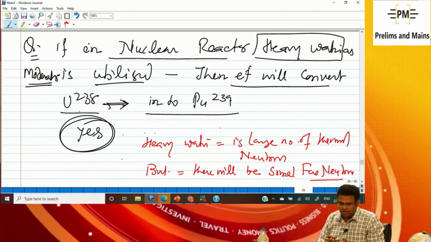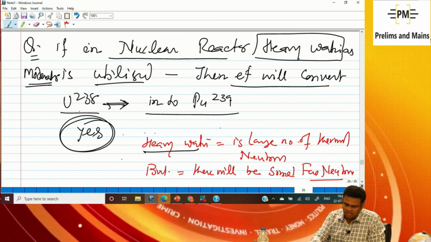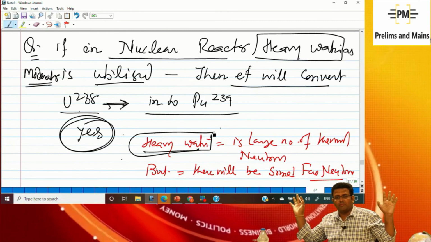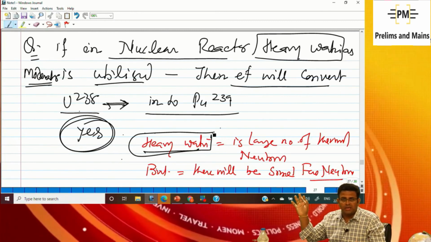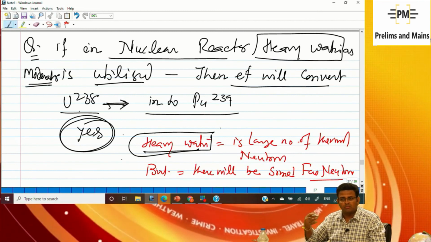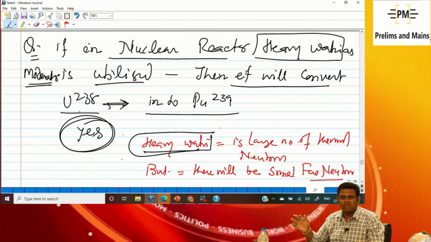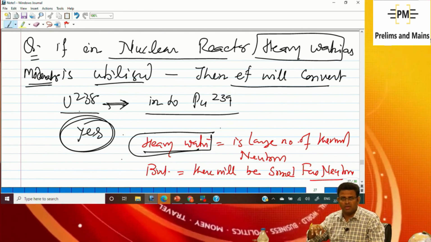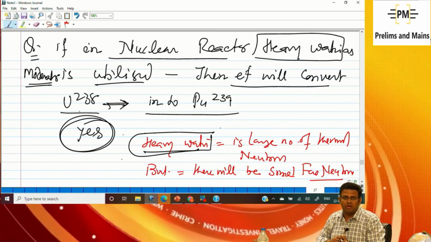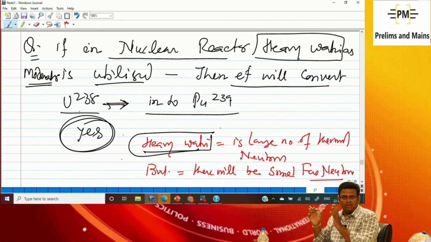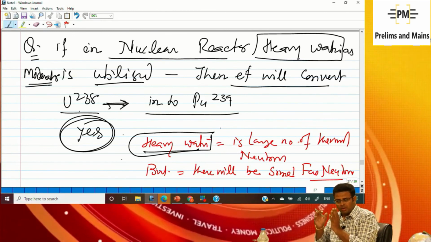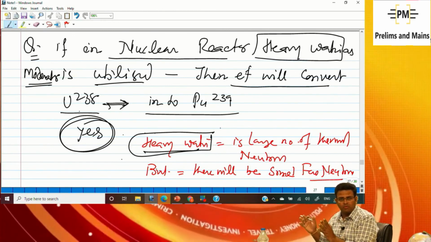Simply, if I have heavy water, suppose there are thousands of neutrons. Out of 1000 neutrons, 700 neutrons will convert into thermal neutrons, meaning their speed will get slow, and they will be absorbed by uranium 235. Thereafter uranium 235 will disintegrate, giving a large amount of energy. But there are 300 neutrons which are moving faster.